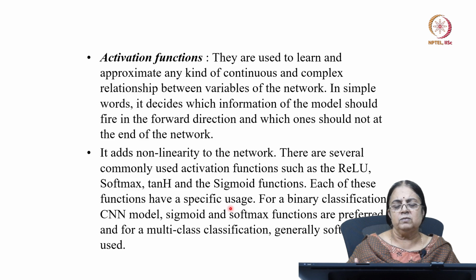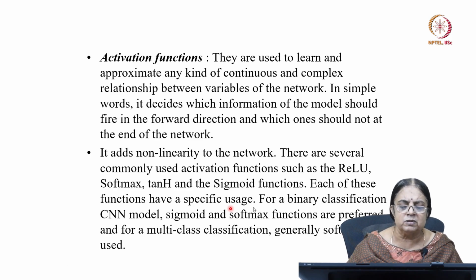Then you have the activation function, exactly like the activation function which we used in the neural networks. You pass it through either the ReLU function, softmax, tanh, or a sigmoid function, and each of these functions has a specific usage.